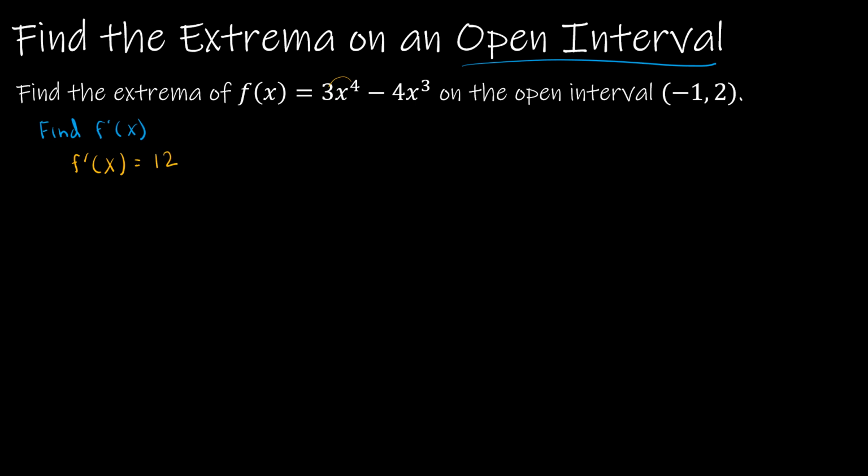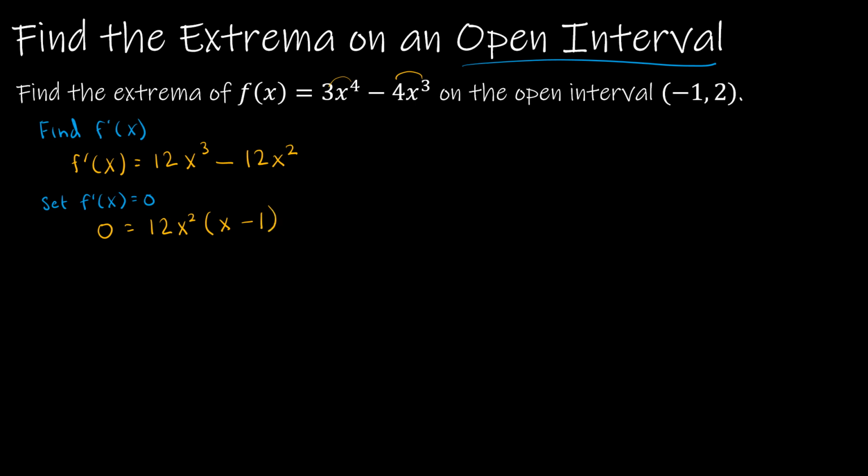So that's 3 times 4 is 12x to the third, and then minus 12x squared. And next step would be set f prime of x equal to 0. So now I'm going to say 0 is equal to, and I'm going to go ahead and factor out a 12x squared, which is going to leave me with x minus 1.